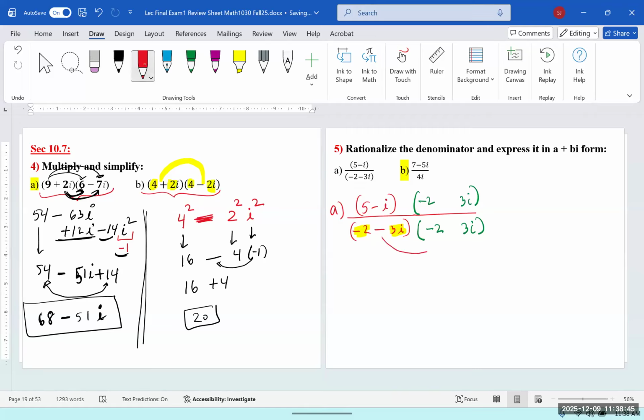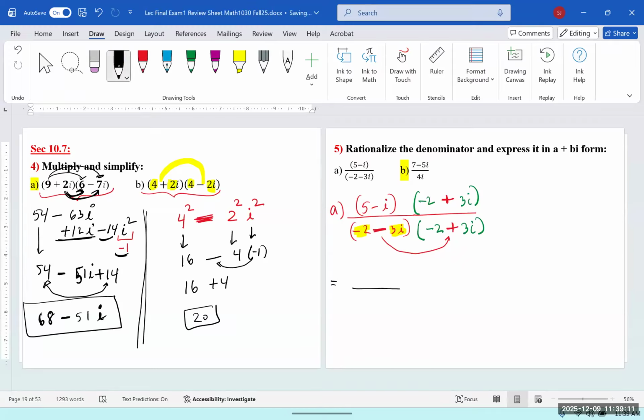Only their middle sign will be different. You are given the minus sign, so you are going to multiply with the plus sign. In a conjugate, there is only one sign change. You cannot turn negative 2 into positive 2. No, the negative 2 stays as negative 2, and you're going to change the middle sign between the two terms.